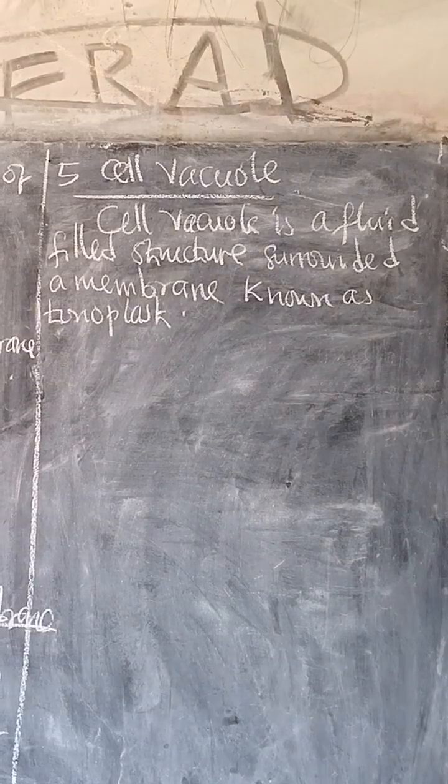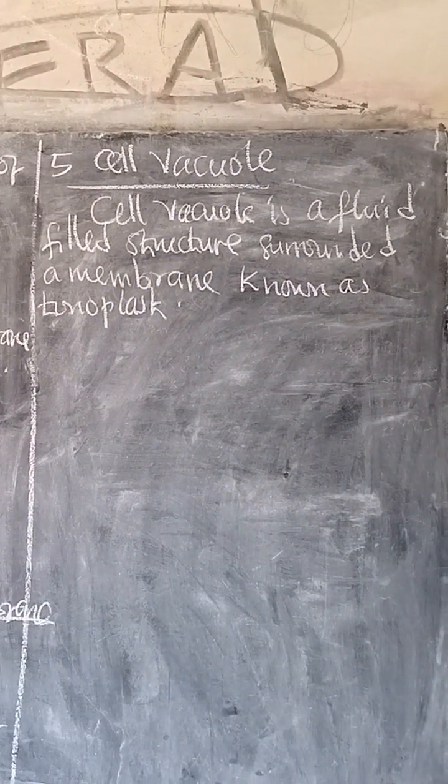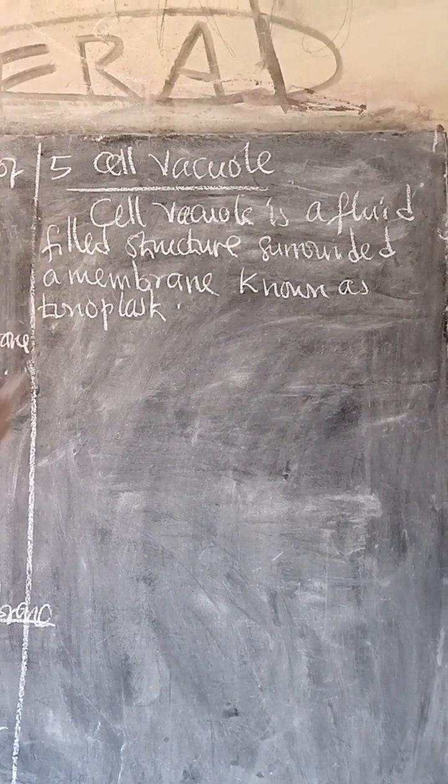So the vacuole of the plant cell is large and it is surrounded by a membrane known as the tonoplast.